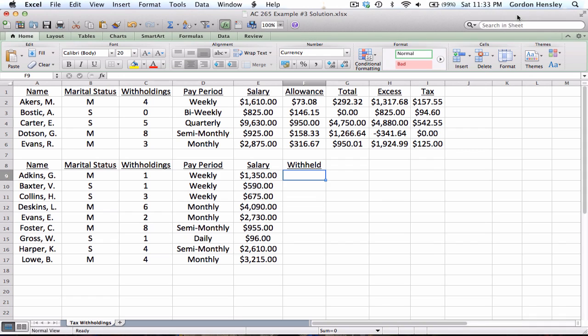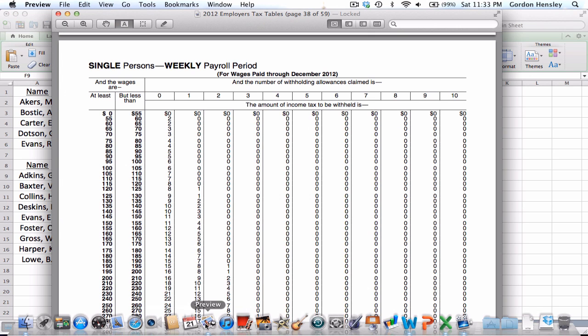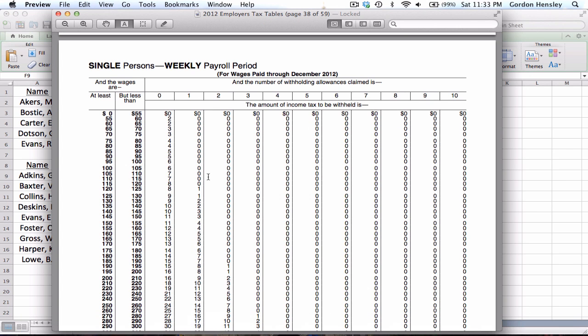So for this first person, we're going to do this for G. Adkins, marital status, married, 1 withholding allowance, weekly, and salary of $1,350. So married, weekly, 1 withholding allowance, $1,350 is the salary. Well, I've got to figure out what table this person happens to be married and weekly.